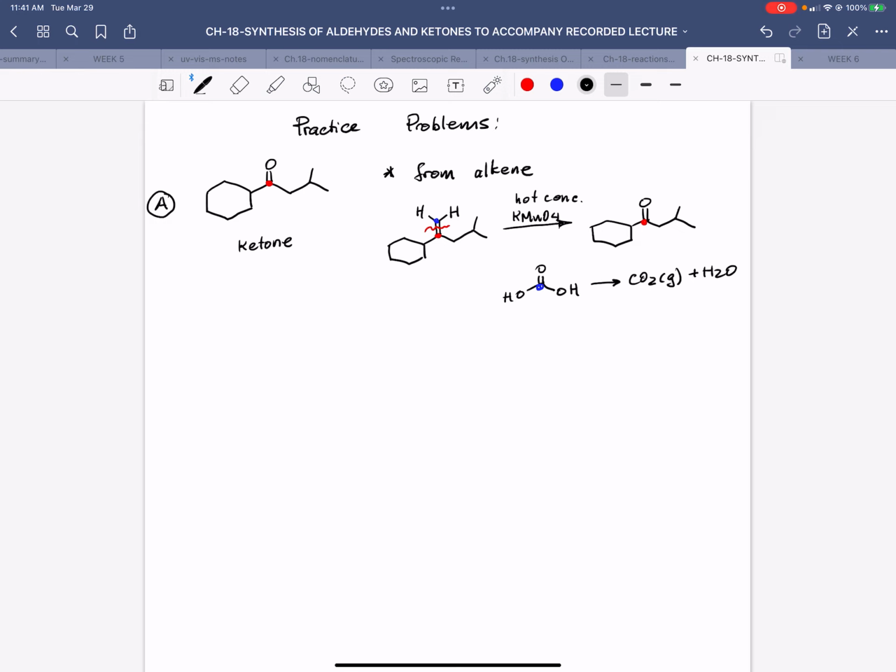Okay. So what other method could we use in this case? Now let's see if I can produce it from an alkyne. Remember, if I'm producing it from alkyne, I'm not cleaving my triple bond completely.